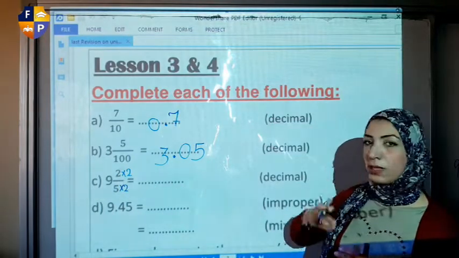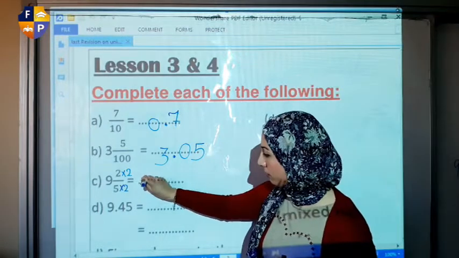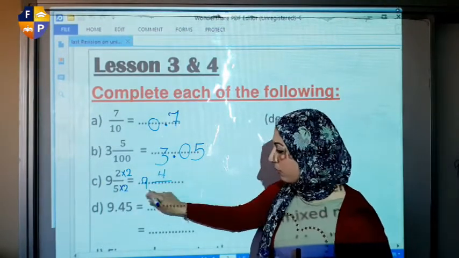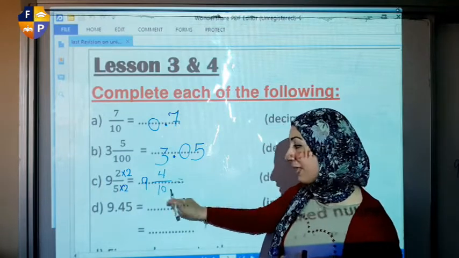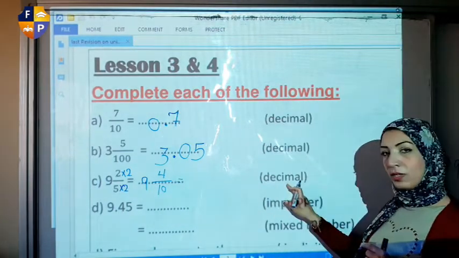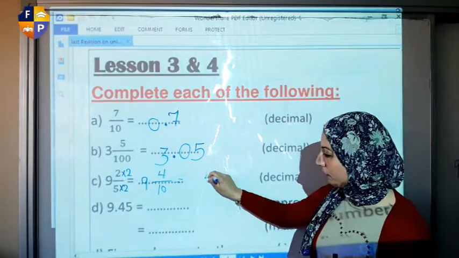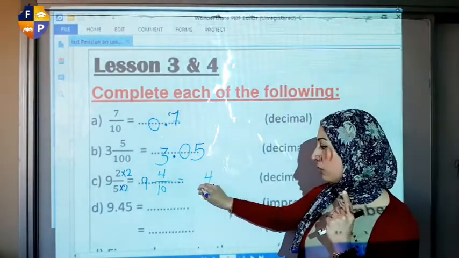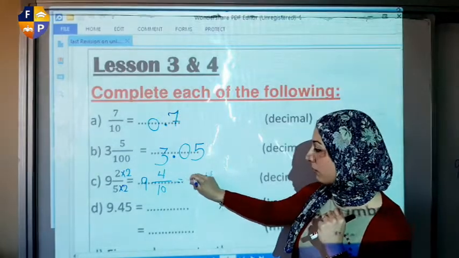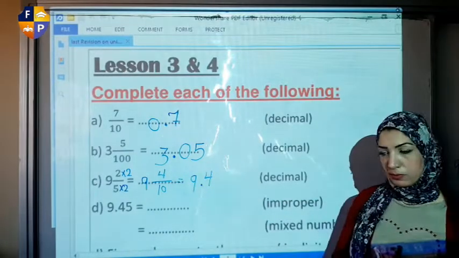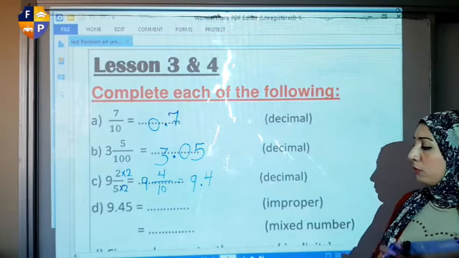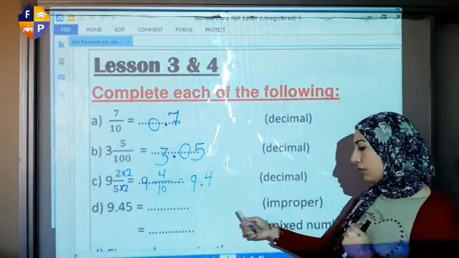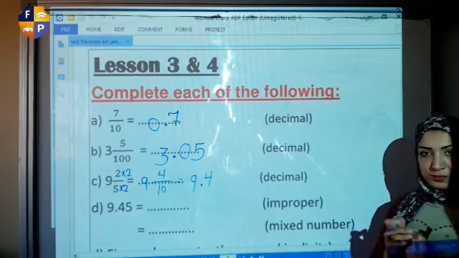So the new mixed number will be 9, 2 by 2 equals 4, 5 by 2 equals 10. So now we can change this mixed number into decimal. We will write 4, we have 10, one 0, so we will count 1 digit and put the decimal point, then write 9.